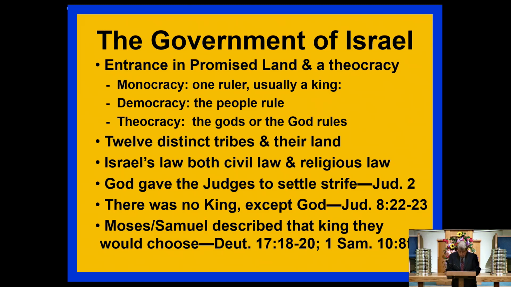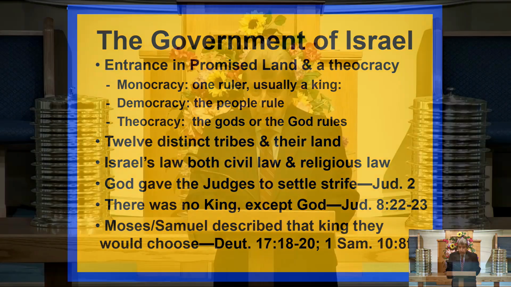Samuel told all the words of the Lord to the people who asked for them, and he said, you want to know what your king's going to be like? You want to know what life under a king is like that ignores the commandments of God? He says, he will take your sons and daughters for his own chariots and to be his horsemen, and some will run before his chariots, and he will appoint captains over his thousands and captains over his fifties, and will set some to plow his ground and reap his harvest and to make the weapons of war and to equip them with chariots.